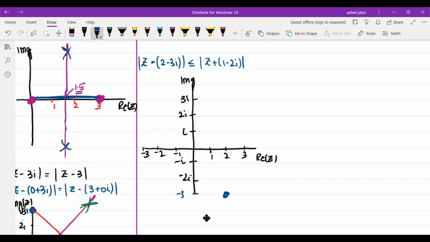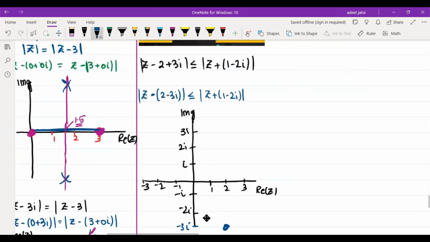Now for the other, we have 1 minus negative 2. We need to have a negative here, so if I create a negative here, the signs will change.